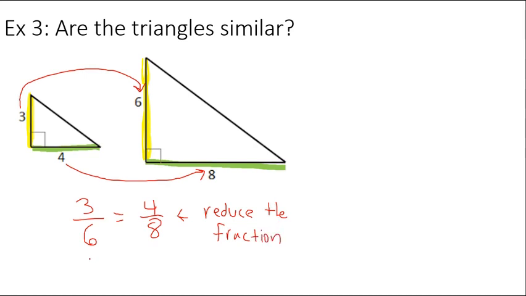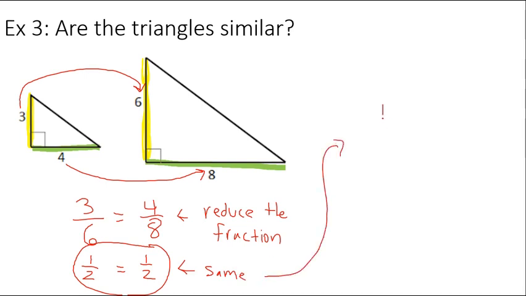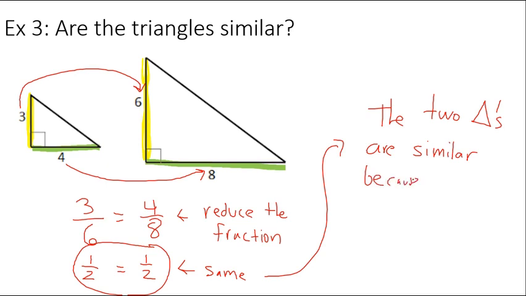So 3 over 6 reduces to 1/2. 4 over 8 reduces to 1/2. Since these two are the same, then we just say the two triangles are similar because the sides are proportional.